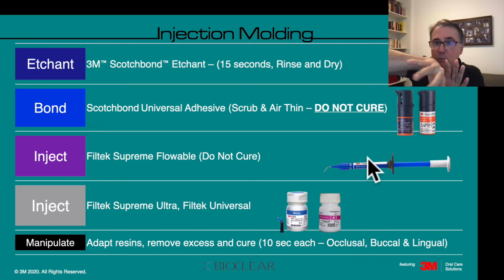But then you won't have any bubble, and the composite will be perfectly placed inside the matrix, all in contact with the tooth. After doing that, you adapt the resin, remove excess, and cure, 10 to 20 seconds each side: occlusal, buccal, and lingual. So this is the injection molding technique.